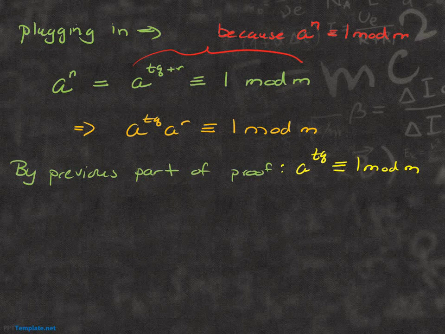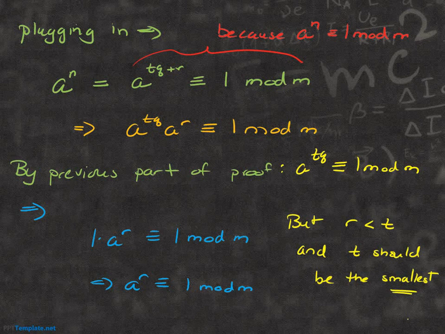That was given to me in the previous part that I did, that raising it to any other power will also be 1. So a to the tq is congruent to 1 mod m. I can just drop this out like you did with your computational problems. It's the same as 1. So I get 1 times a to the r is congruent to 1, and a to the r is now congruent to 1 mod m.